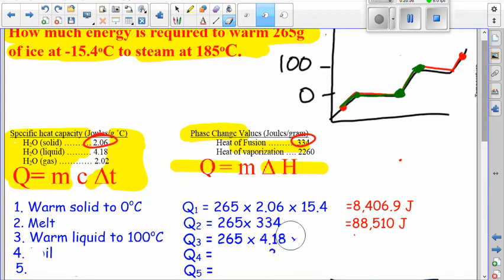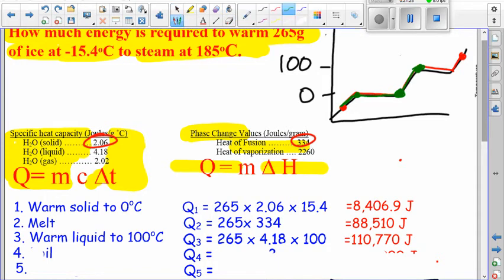Absolutely. What is our change in temperature for this section only? 100. It's 100. So if you're like, wait, but you started at negative 15.4. You are correct for the first section. We already paid the price to go from 15.4 to 0, so we don't want to pay that price again. We're going to start at 0 because that's where we're currently at. You plug all that in, 110,000 joules to warm the liquid water up from 0 to 100 degrees.